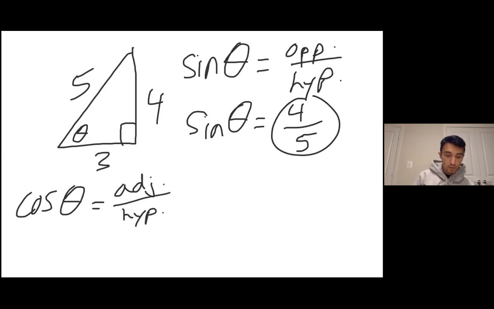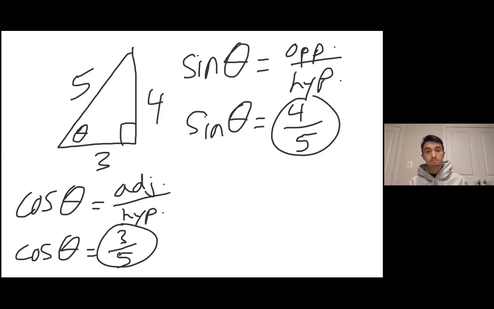Here's theta. Adjacent to it, the side right next to it, is the 3. And the hypotenuse stays the same. It's 5, right? It's always the same. So that means cosine of theta is 3 over 5, 3/5.